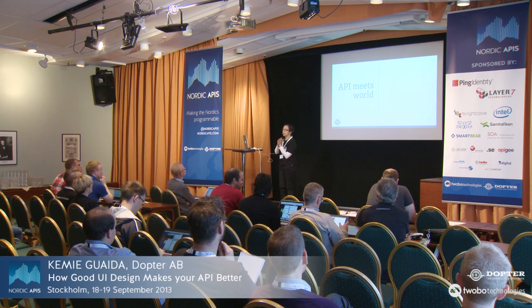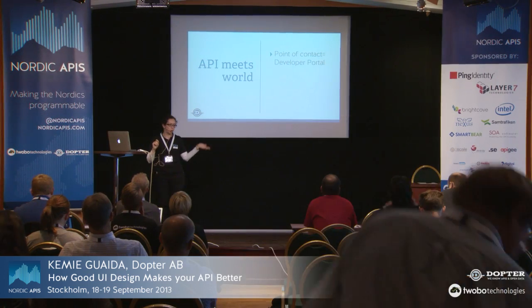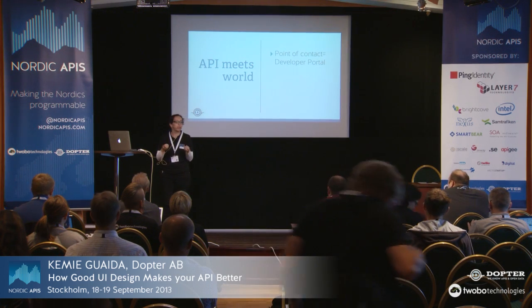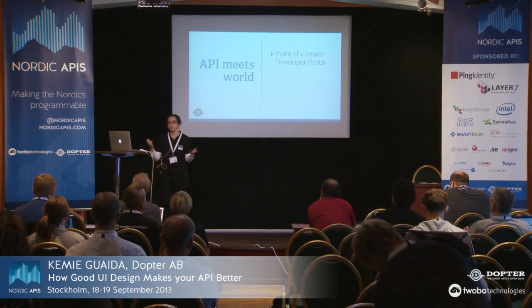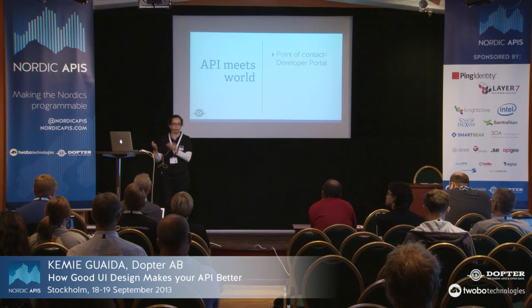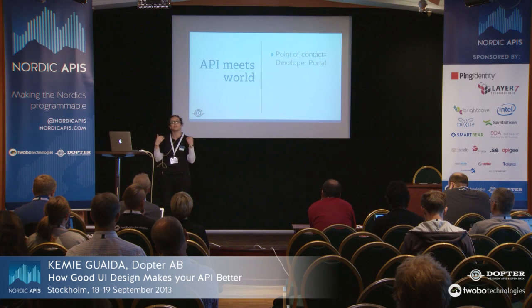Let's start out with your API when you put it out into the world. You need some point of contact with the public. A developer portal. I'm going to use the term developer portal, even though it might not be a portal per se that you use as that point of contact. It might be a blog, it might be some kind of offline documentation. But you need some kind of way of getting information about your API to the world.